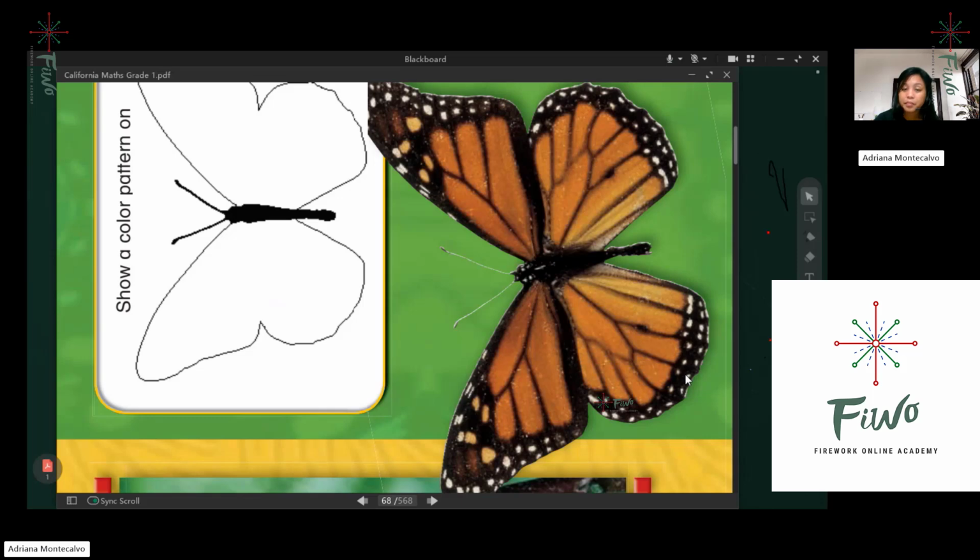Orange, black, and white. Okay, yeah, that's the color pattern. Do you think this one is orange? How about this one, the lighter one? What do you think is black? Yeah, black. Wait, let's write. There is a white color.